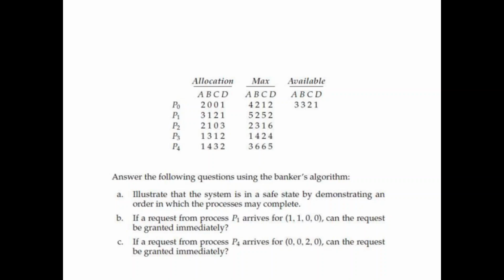In that case, is it safe to allocate those resources as demanded by P1? So we have to use the Banker's algorithm to decide that. And third question is that if a new request comes from P4 for 0020, whether it is safe. It's going to be very similar to the second problem, except that here we have got a different process.